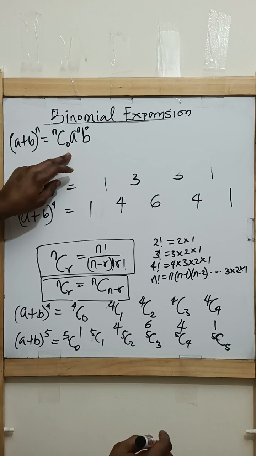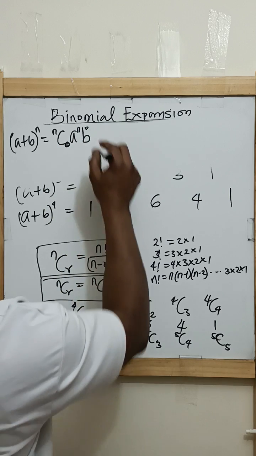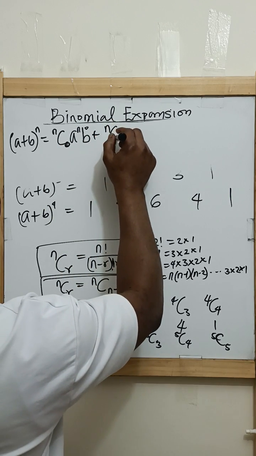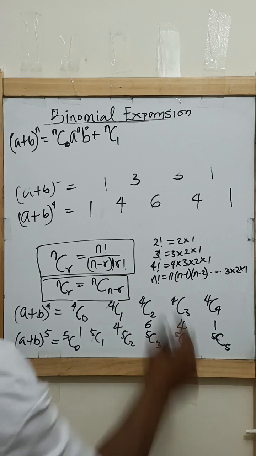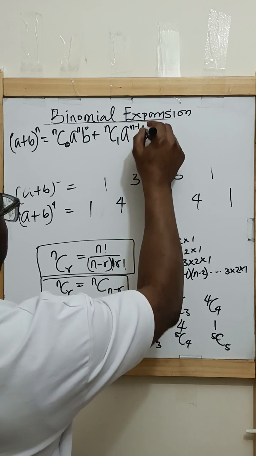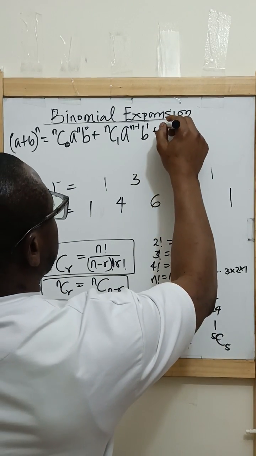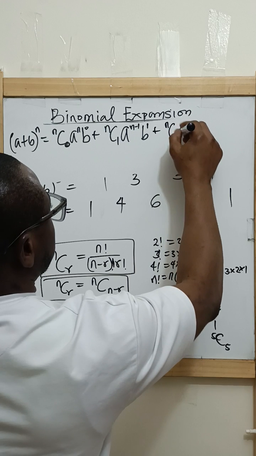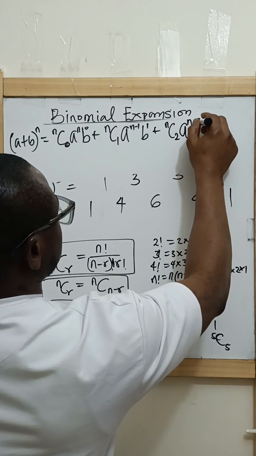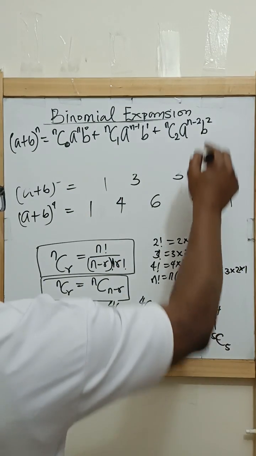The second term is nC1, with a raised to power (n minus 1), b raised to power 1. Are we good to go? Then nC2, that will be a raised to power (n minus 2), b raised to power 2.